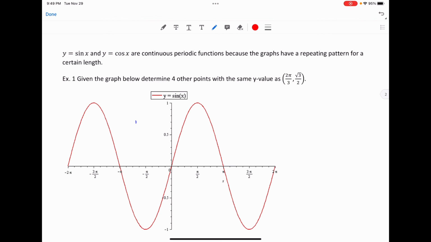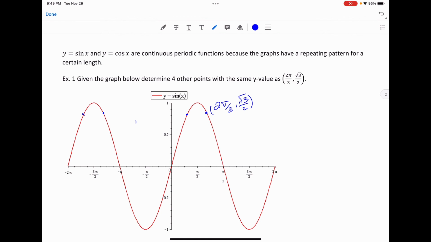So this point right here, I'm just going to switch to blue, is about here. Two pi over 3, root 3 over 2. And so you can see the root 3 over 2 happens again here, and then here, and then here.